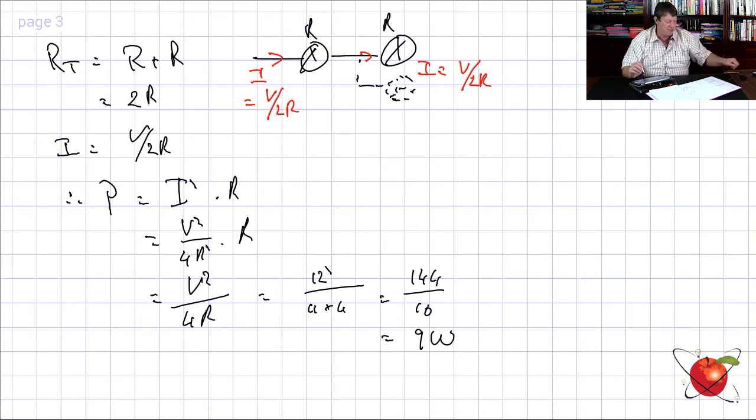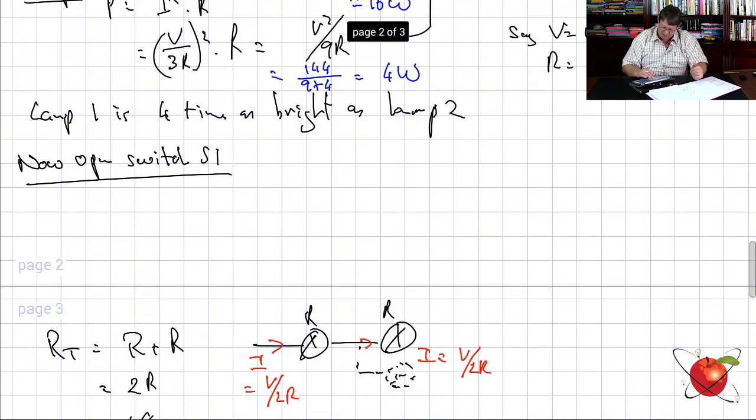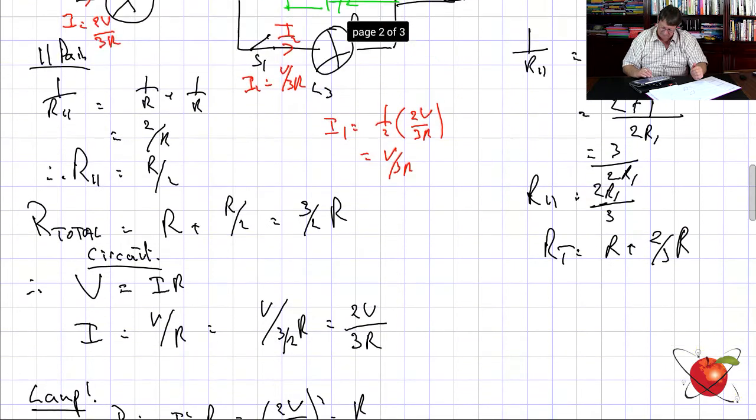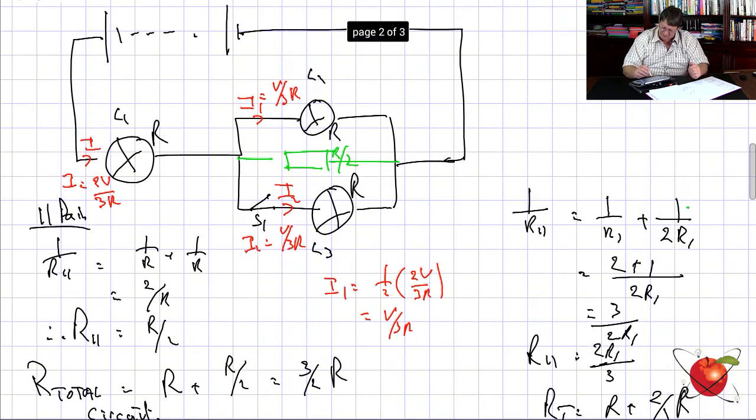Remember, what did we have first? Let's just go back to our circuit, okay? Let's just use this opportunity and go right back to the circuit over here, all right? We had, I'm going to put it in blue, all right? Blue, we had over here, that one was glowing at, lamp 1 was glowing at 16 watts.